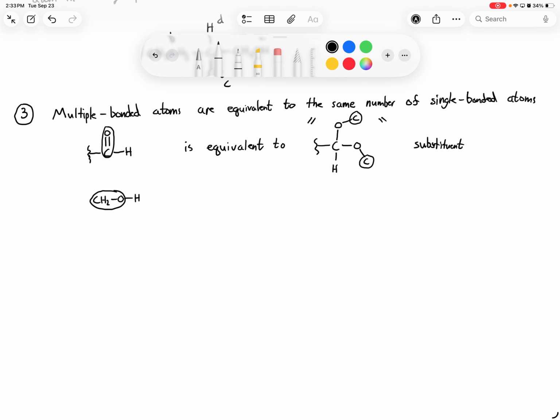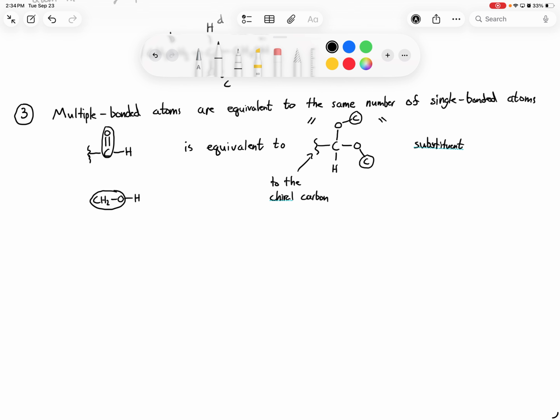This part is attached to the chiral carbon. Yeah. So the way we write this out is just to assign priorities.